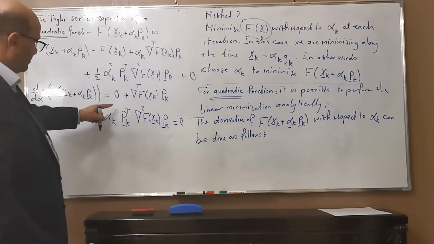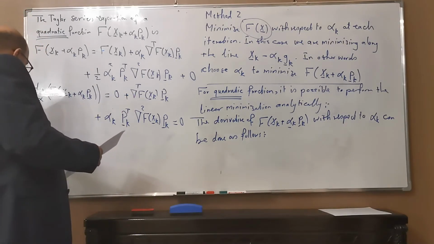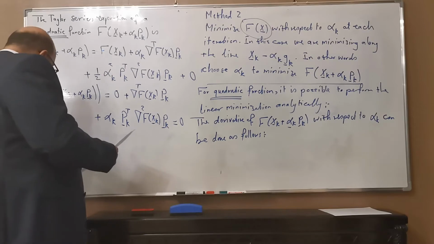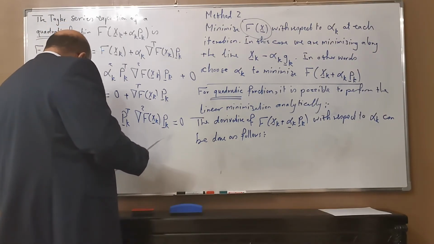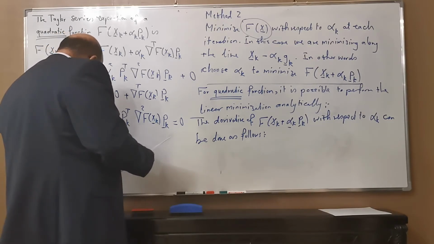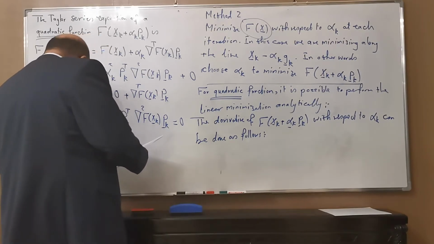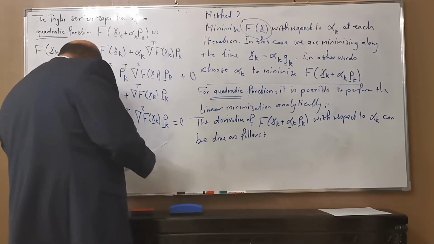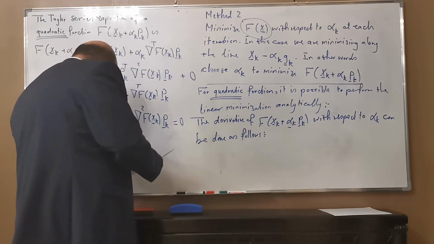So you have this one plus this one equals 0, or alpha k equals minus the gradient of f of xk times pk over pk transpose Hessian of f of xk pk.